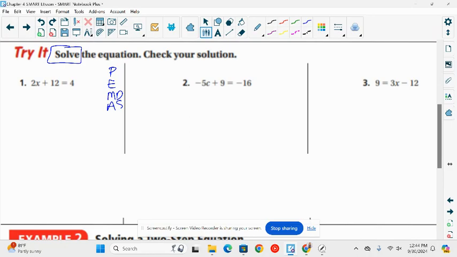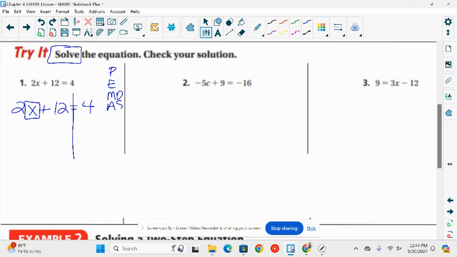Chop it, box it, do the opposite. Every time I see solve, I'm chopping, I'm boxing, I'm doing the opposite. I don't have enough space here, so I'm going to rewrite it. Chop, box, do the opposite, and that means also in the opposite order.